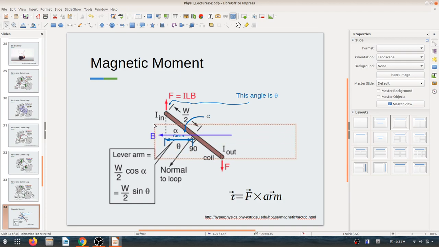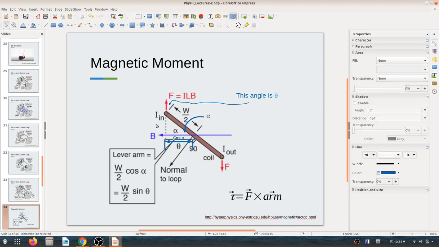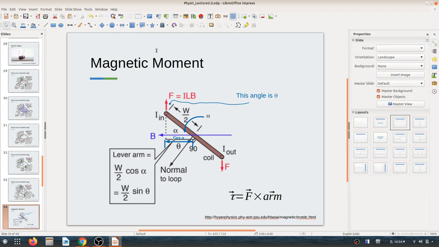OK, cosine alpha 就是这段长度。So this is the length of cosine alpha. And here's the force created by the magnetic field.